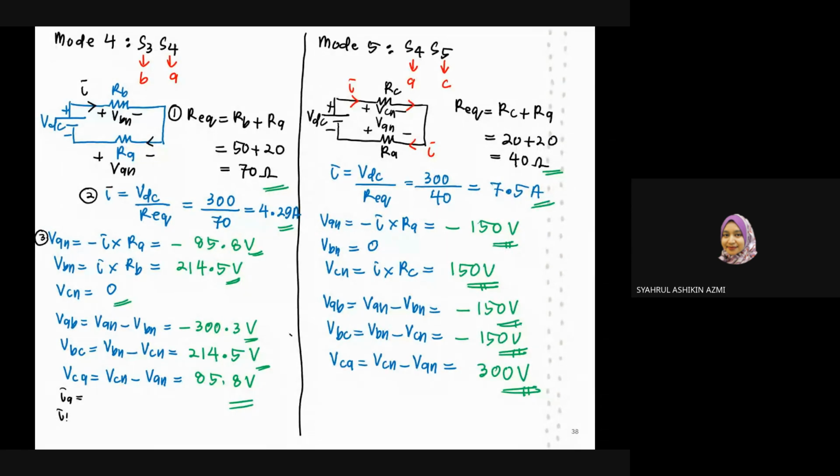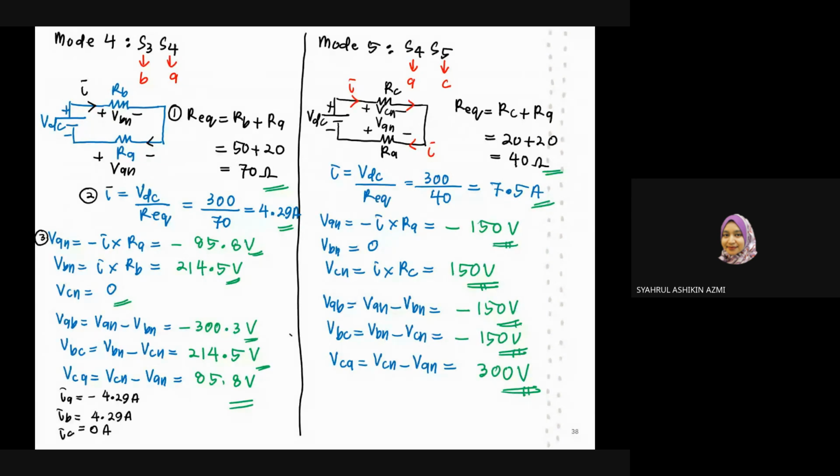Okay, IA, IB, and IC in order to answer for this question. IA will be equal to negative 4.29 amp. Okay, IB is 4.29. IC is 0. Okay, so this is the value for your phase current IA, IB, and IC.